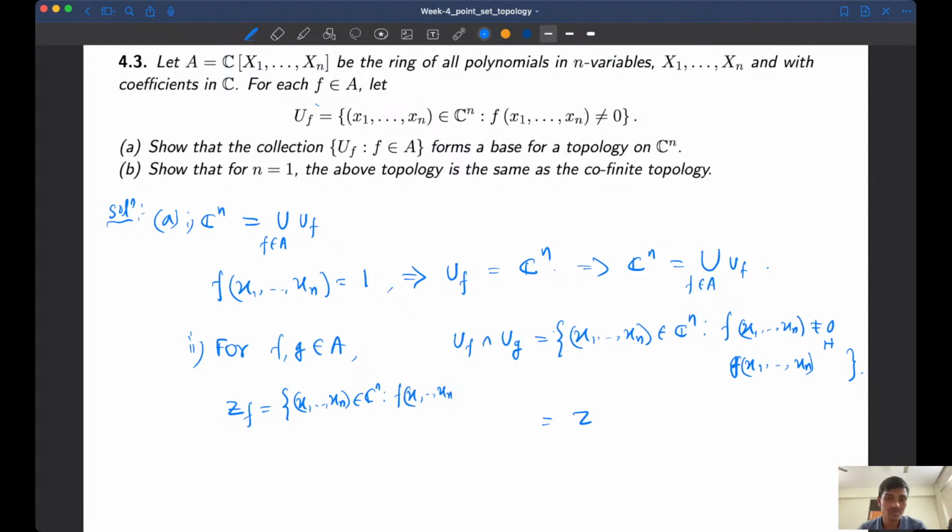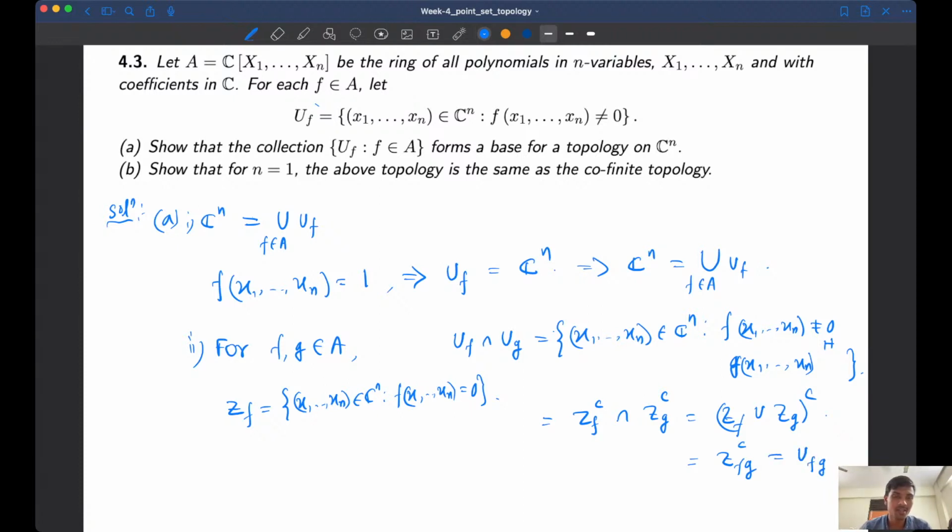Then UF and UG are just ZF complement and ZG complement, and their intersection I can write as the complement of ZF union ZG, where either f or g vanishes. That means exactly that it is ZFG, since fg equal to zero means either f is zero or g is zero. So this complement is nothing but UFG.